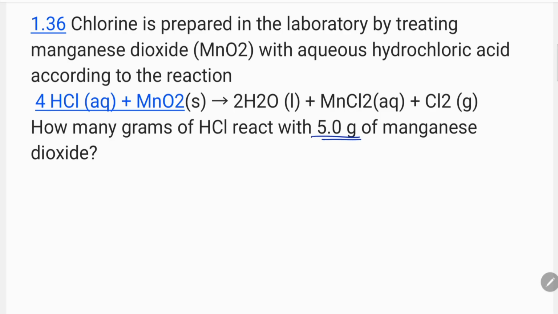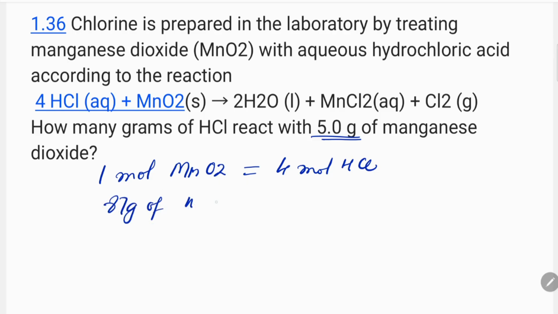Okay, what we have to do, we have to see that 1 mole of manganese dioxide is actually reacting with 4 mole of HCl. So manganese is around 55 in mass and oxygen is 16, there are 2 oxygen, then 32. 55 plus 32 is 87 grams of manganese oxide. They are reacting with 4 moles of HCl, that is 4 multiplied by 36.5, which comes out to be around 146 gram of HCl.